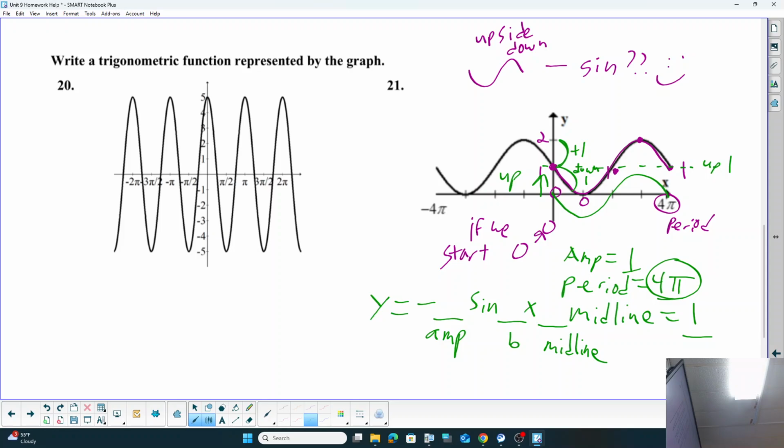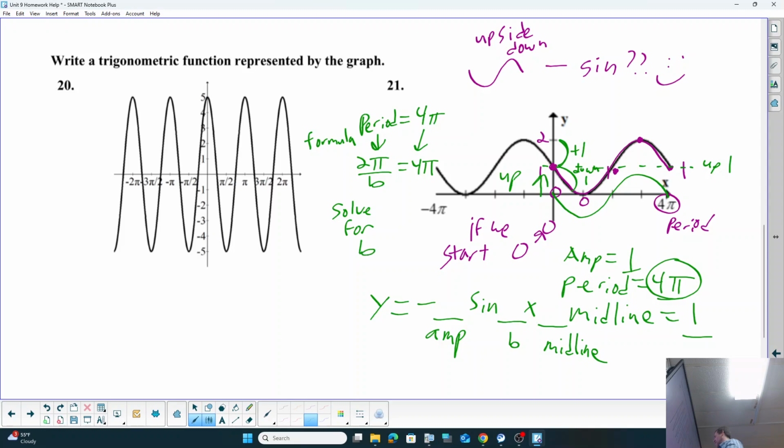What's the formula for the period? If our period is 4 pi, the formula is 2 pi over b, which equals 4 pi, then you want to solve for b.